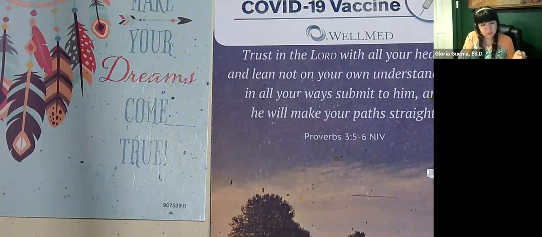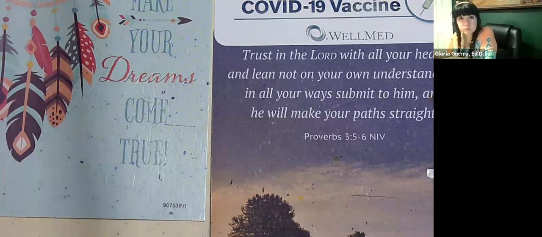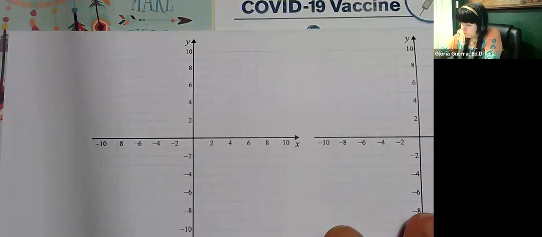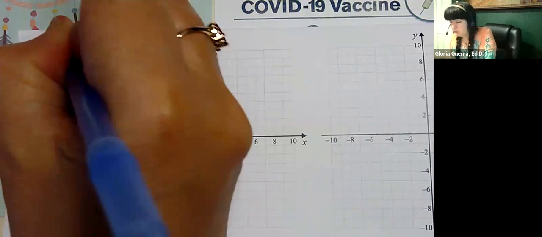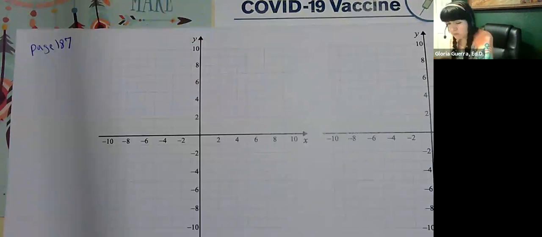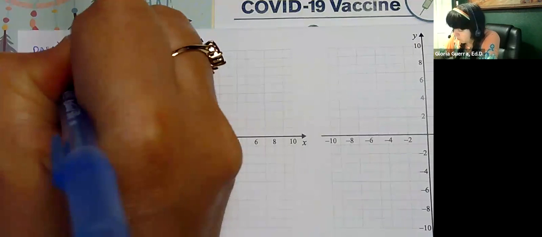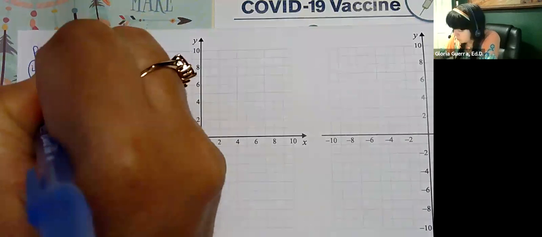So page 187. And this is like a little spin-off of number 4. Page 190, so still section 10.4.